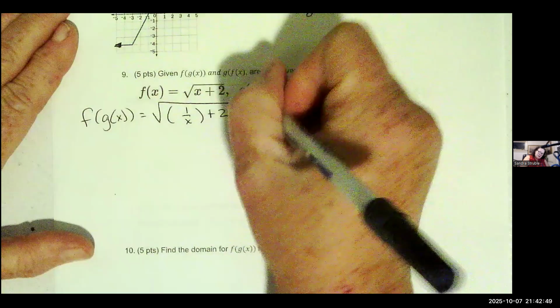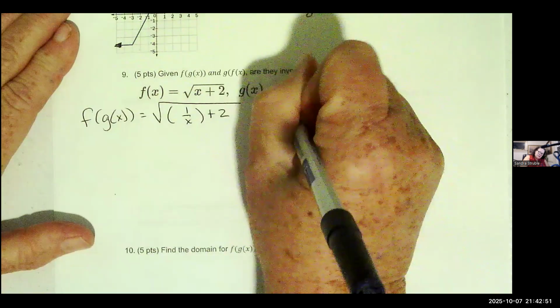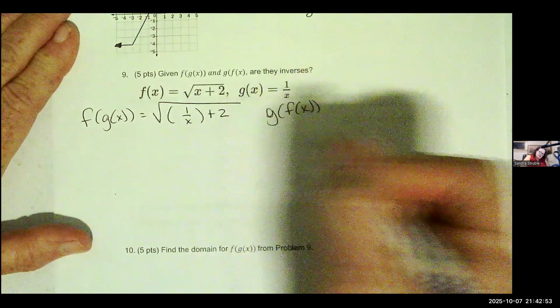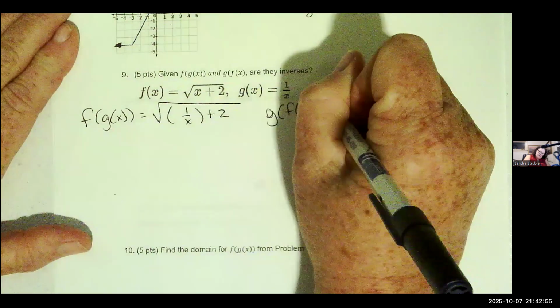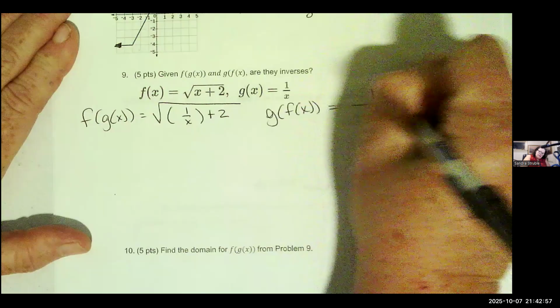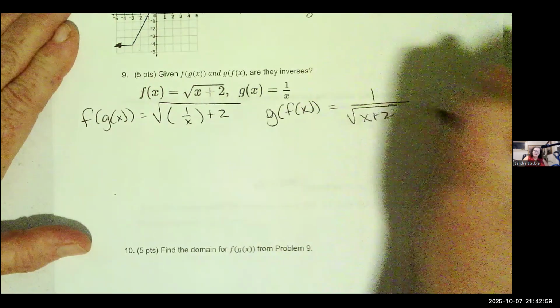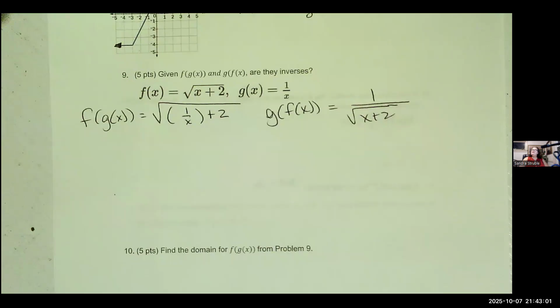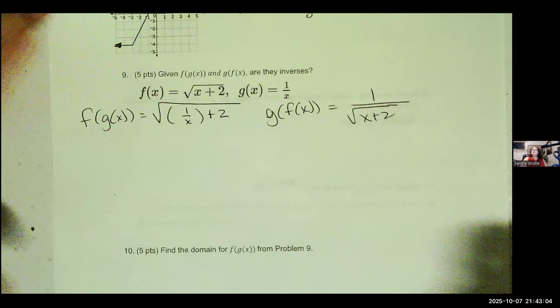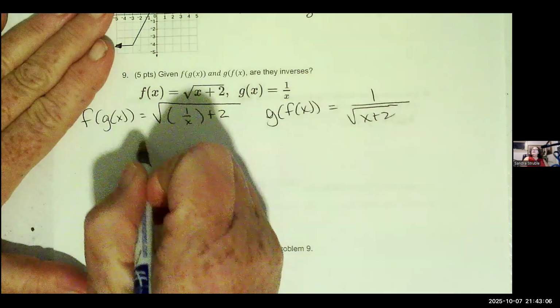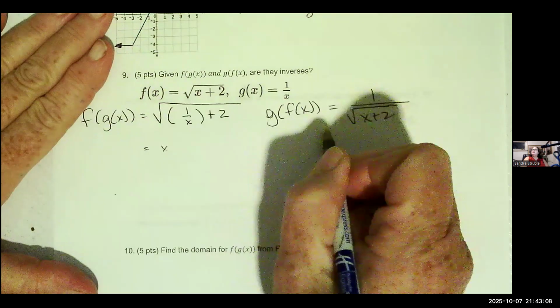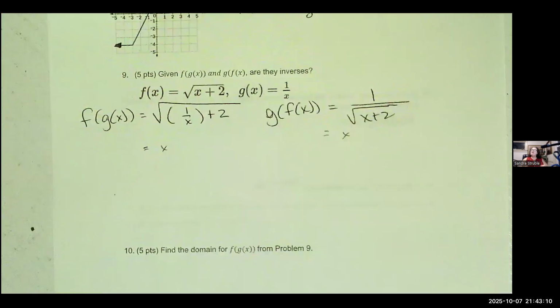Let's try the other one, see what it looks like. g of f of x. And that's going to be 1 over the square root of x plus 2. Again, there's nothing I can do to make this turn out to be an x. We would need this to be x in order for them to be inverses.